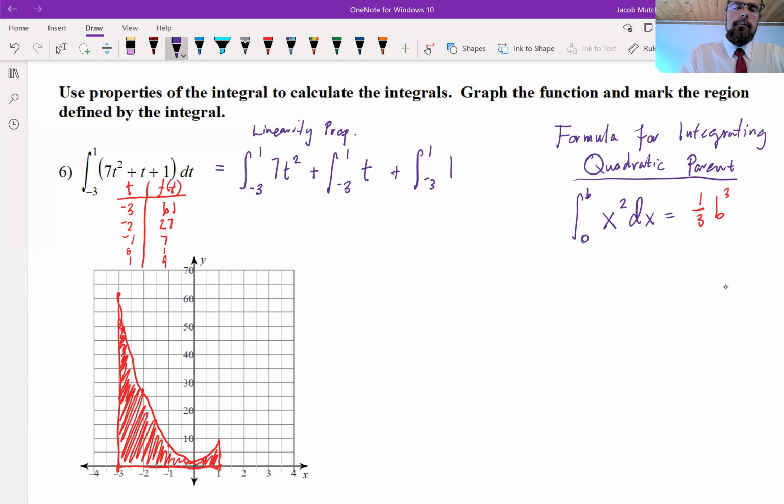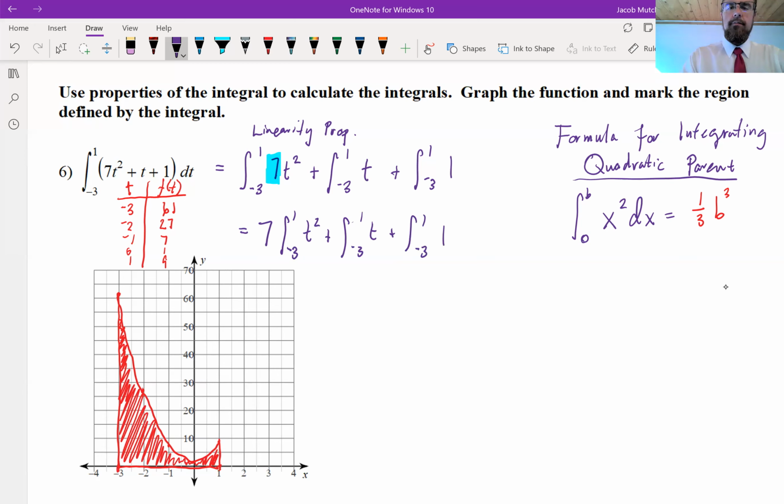So I'll start off by, again, letting the constant 7 as a coefficient pass outside the integral. So I am going to write this as 7 times the integral from -3 to 1 of t squared plus the integral from -3 to 1 of t plus the integral from -3 to 1 of 1.